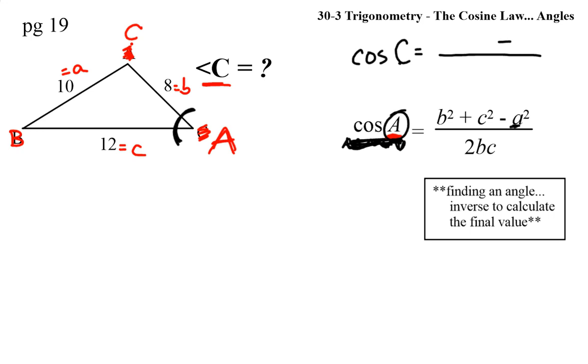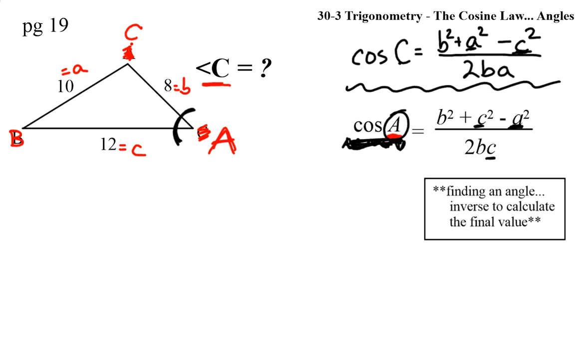So if we're trying to find for C, we subtract C squared, which means we would have B squared plus A squared, because I've changed A to become C, so my C needs to become an A. You could manipulate your formula and use the initial labeling. Me, I like to change my triangle. I just find that works a little easier for me.